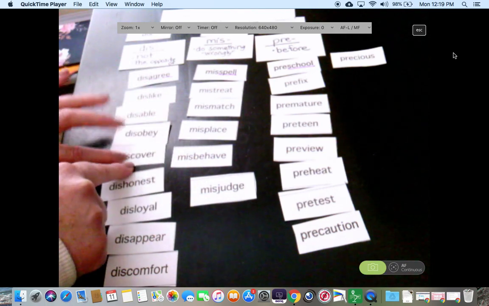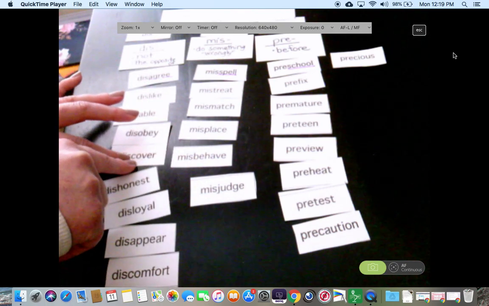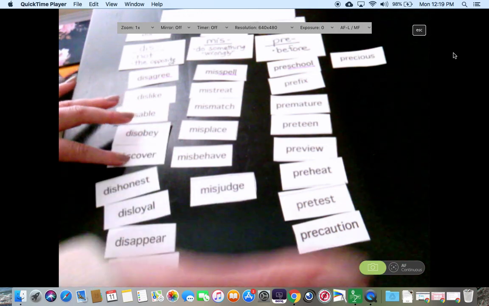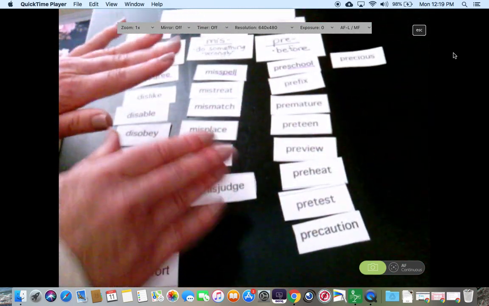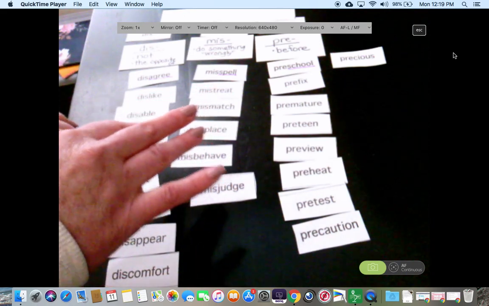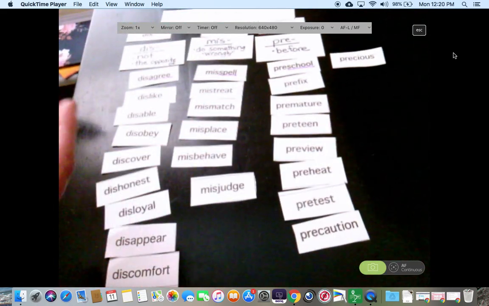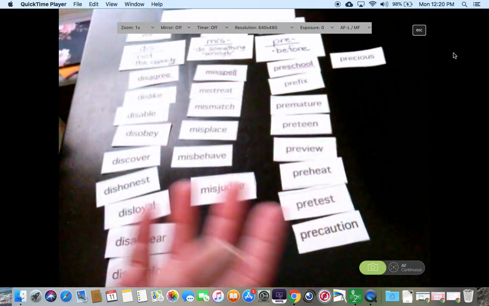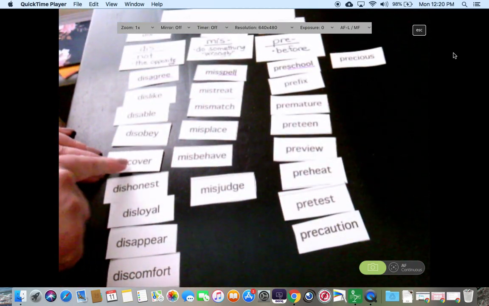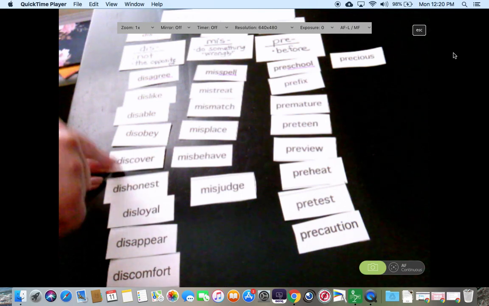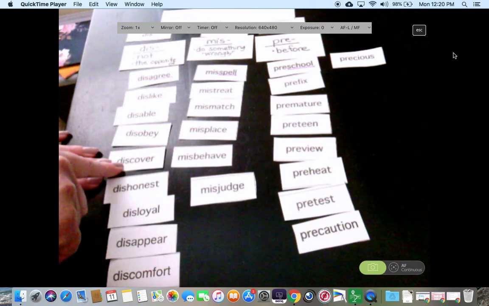So discover must mean the opposite of to cover. If I'm covering something up, I'm hiding it. So to discover maybe means I'm opening something up, or seeing something new, or finding something new. That can help you figure out what the word means.